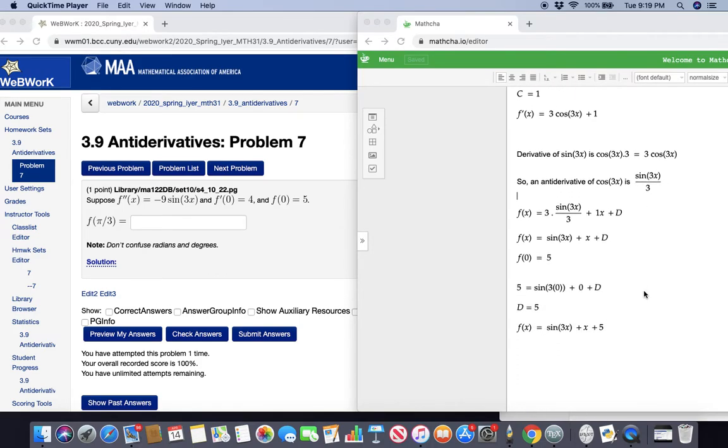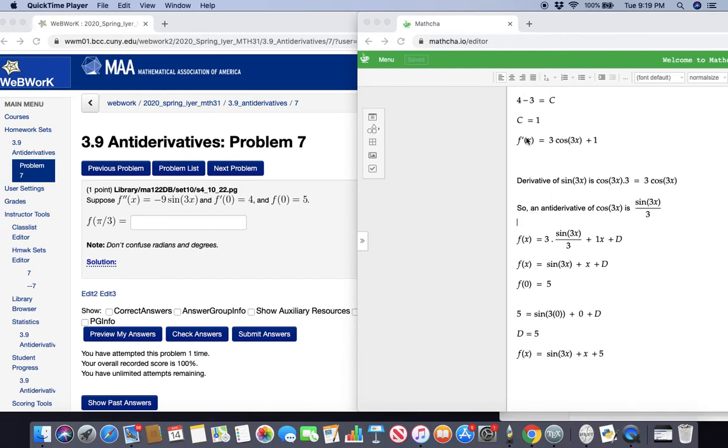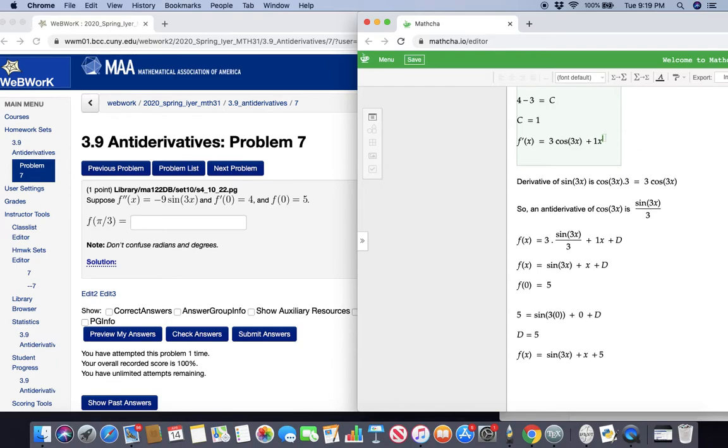All right. Now, so where was I? The first derivative is 3 cosine 3x plus 1. Okay? I can think of 1 as 1 times x to the power 0. You understand why? That's our standard trick by now. So when I take the antiderivative here, I get 3 continues to be 3.